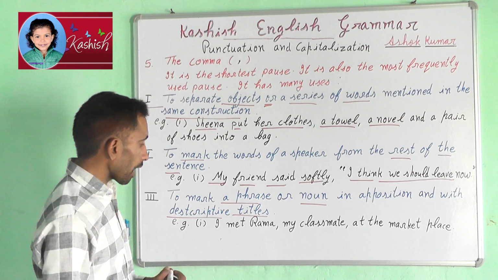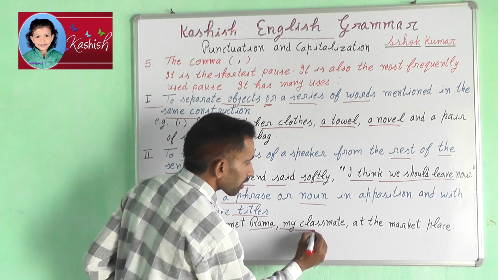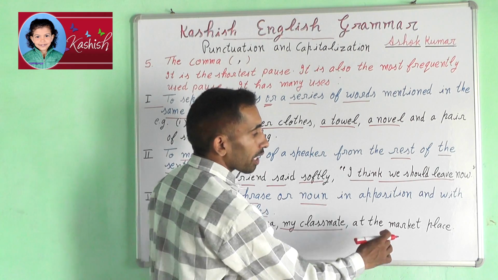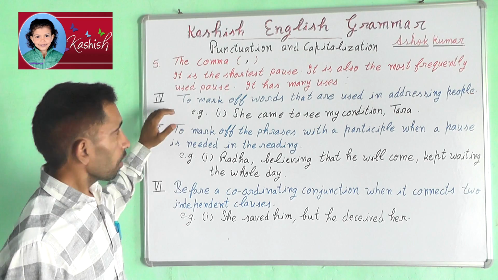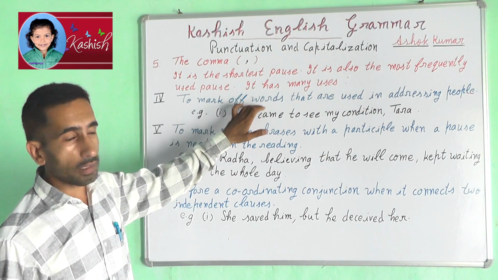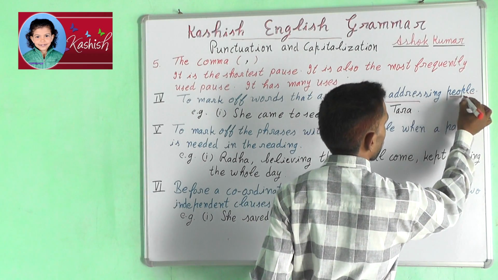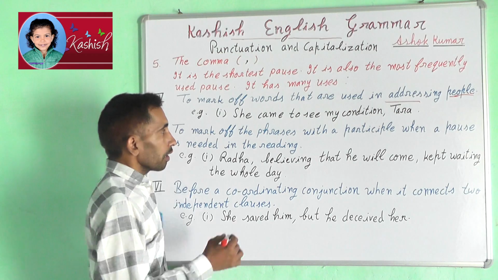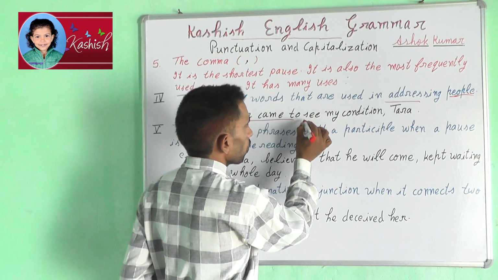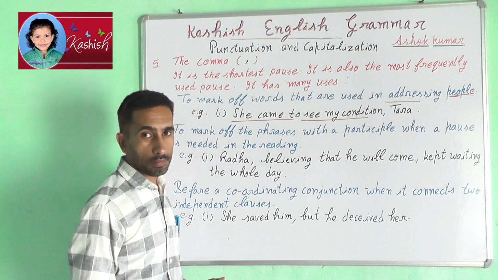For example, I met Rama, my classmate, at the marketplace. Fourth, to mark off words that are used in addressing people. For example, she came to see my condition, Tara.